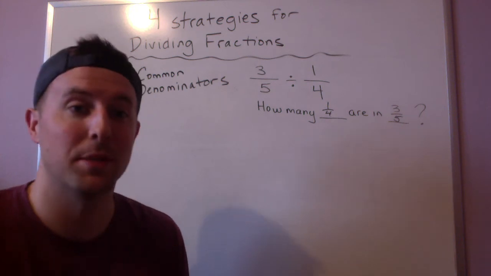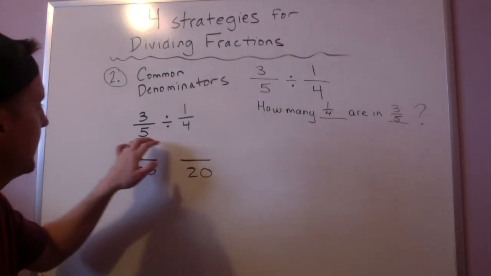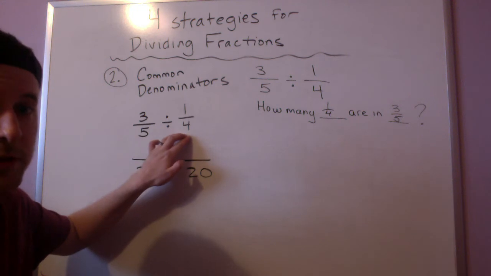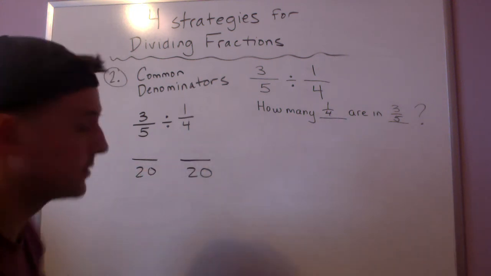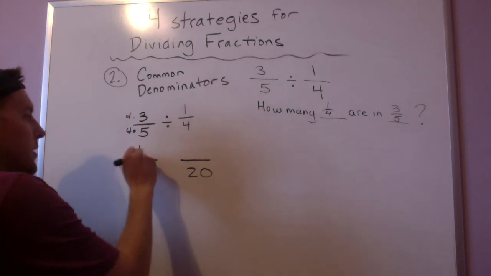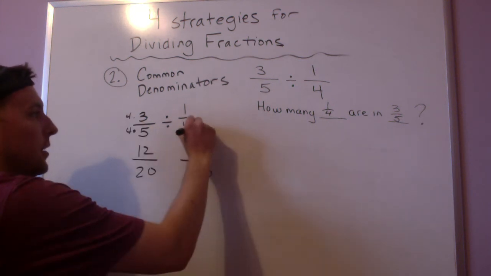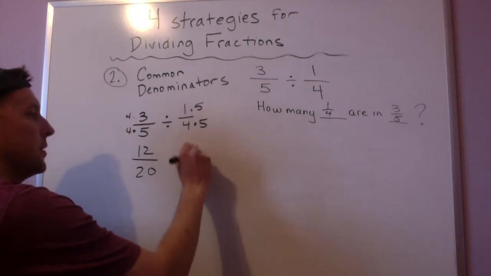Common denominators. I rewrote the problem and tried to get these to be the same size parts. The first thing I thought of that they could both turn into would be 20ths. So that would be a times 4 here and a times 4 here, 12/20ths. I'd have to times the fourths by 5, both the numerator and denominator, so that would be 5/20ths.